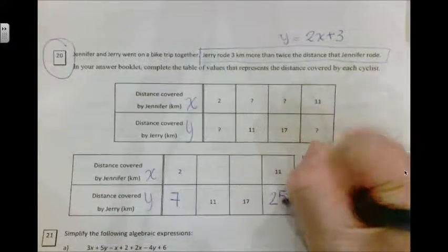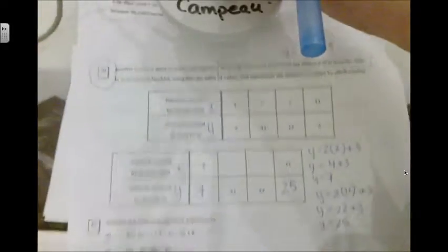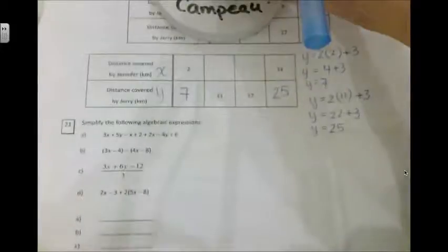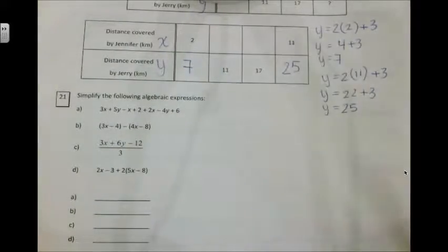I'm just going to give myself a little bit more space and we'll rewrite the formula underneath to make sure we can keep going with it. I'll use the rest of the paper here. For the other ones, you still have Y equals 2X plus 3.